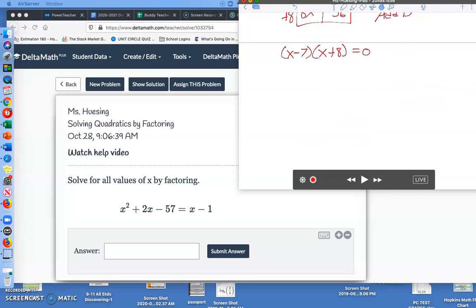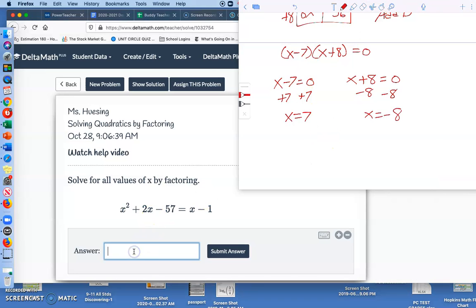And now we just set each of those parentheses equal to 0. X minus 7 equals 0. X plus 8 equals 0. Plus 7, plus 7. So we have x equal to 7. Minus 8, minus 8. X equals negative 8. So if we type these in here, we have 7 comma negative 8, our two answers.